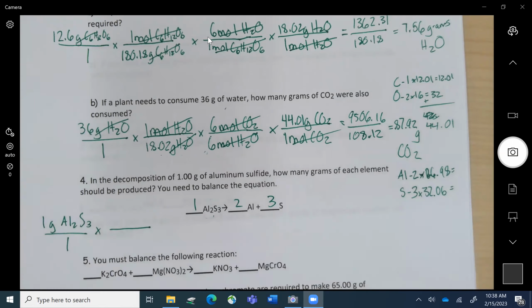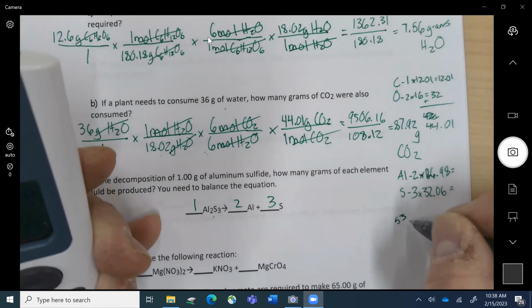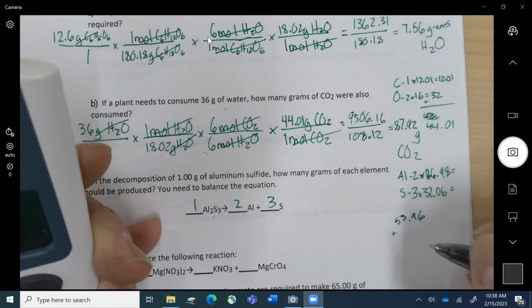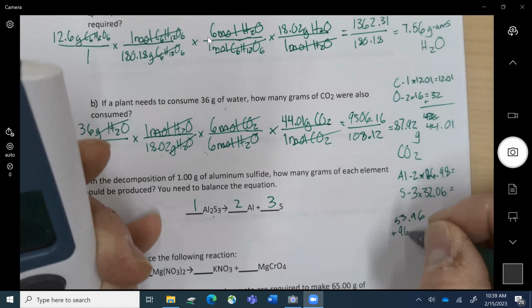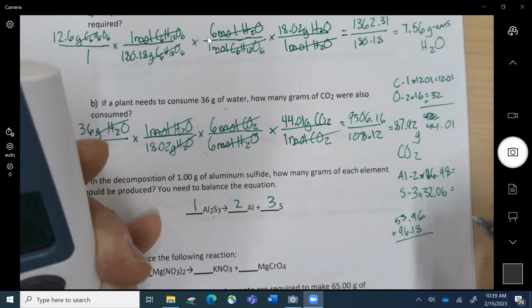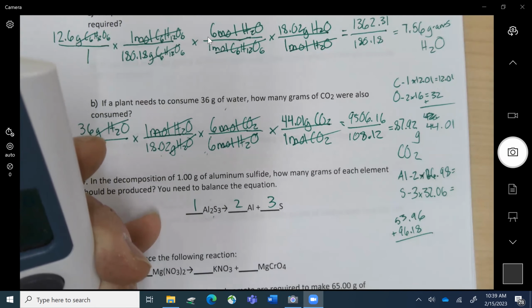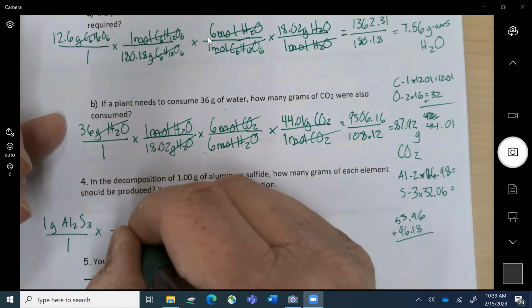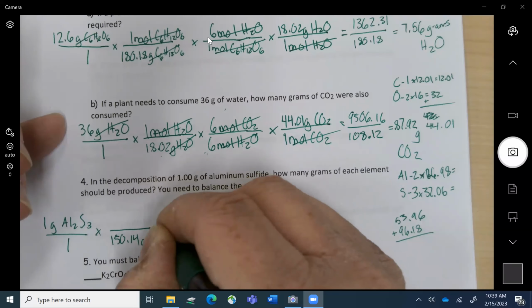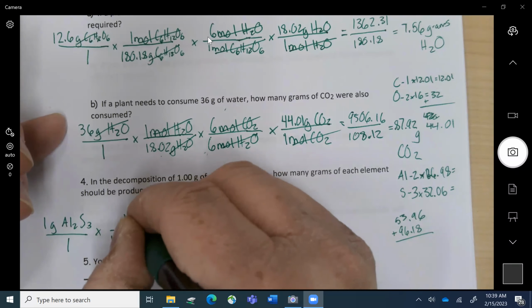I'm gonna add all those things up. 26.98 times 2 is 53.96 plus 96.18. So 150.14 grams of Al2S3 equals 1 mole.